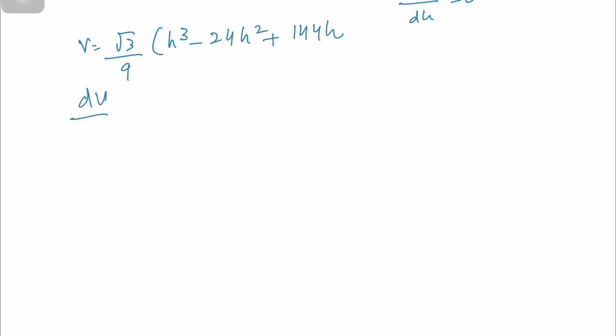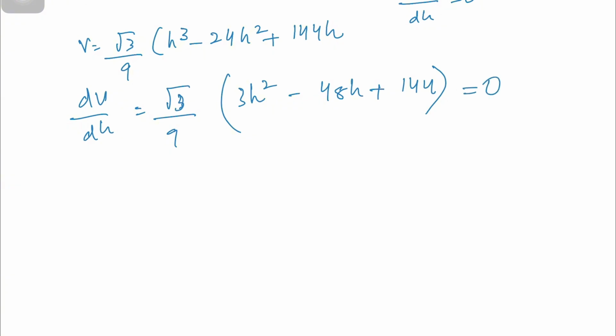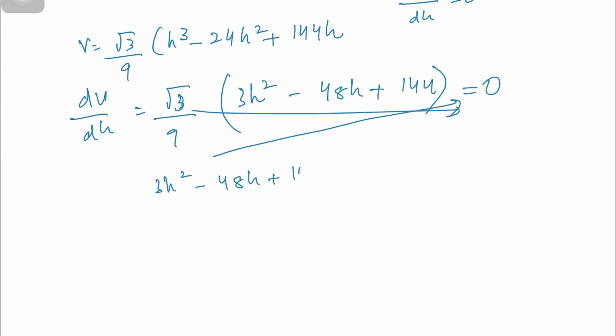We need to differentiate this. Let's take root 3 over 9 as common. Then we can differentiate it: 3h squared, negative 48h, then 144. It needs to be equated to 0. This would be going there, and then this would be divided, so this would be simply 0.